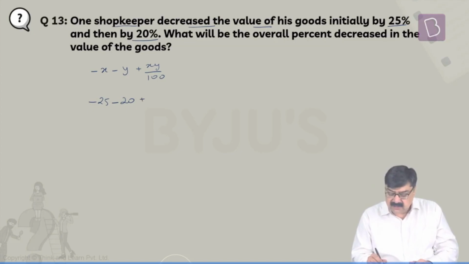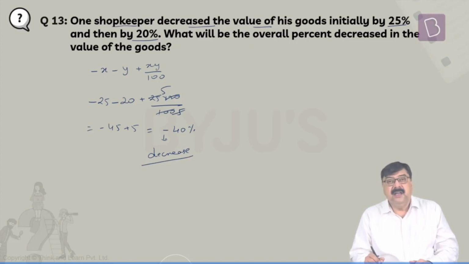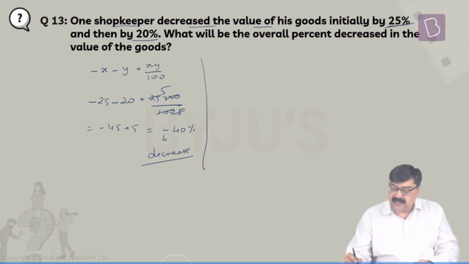So plus 25 into 20 by 100 goes by 5, goes by 5. So this is minus 45 plus 5. So minus 40%. Now this minus suggests an overall decrease. Or else decrease of 25% would mean 0.75.